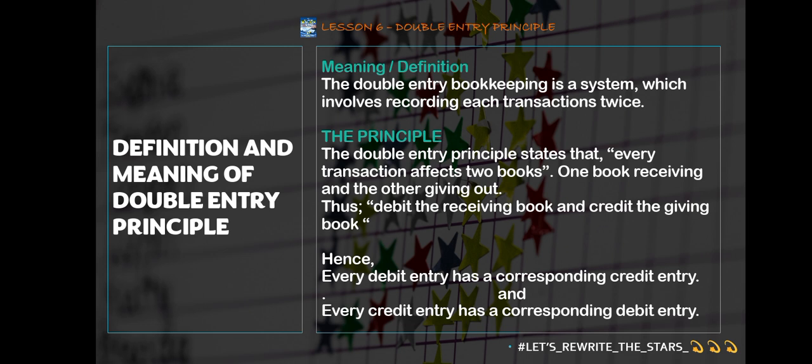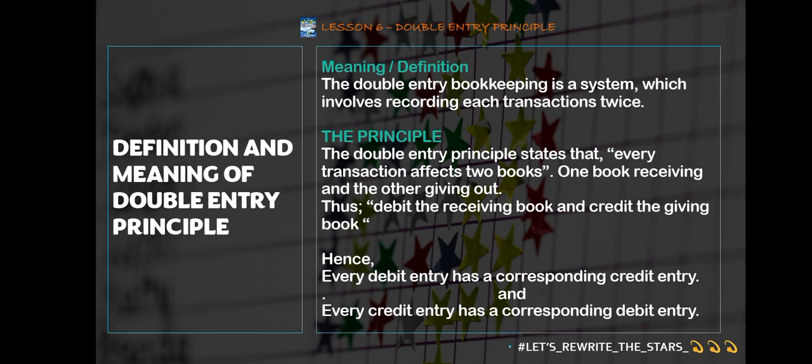Whenever you go to purchase an item or conduct business with someone, it has to be recorded twice because two parties are involved. One party will be receiving something and the other party will be giving out something. That is the basic understanding of what the double entry principle is claiming.